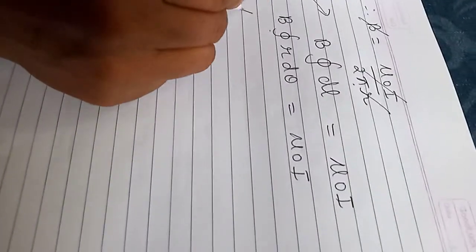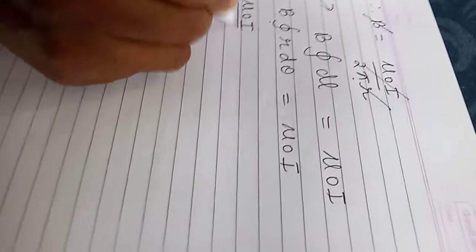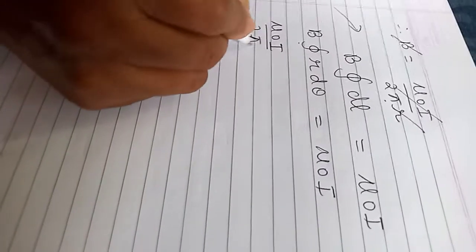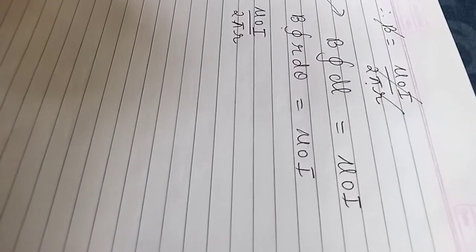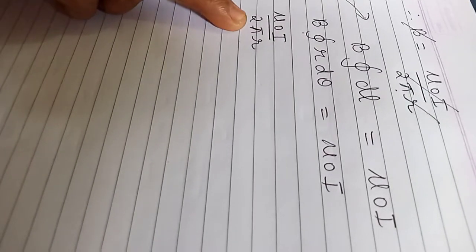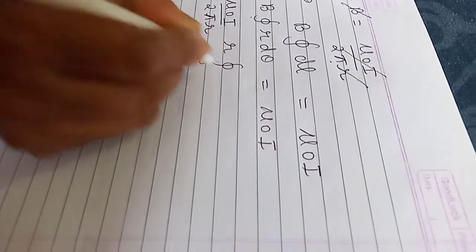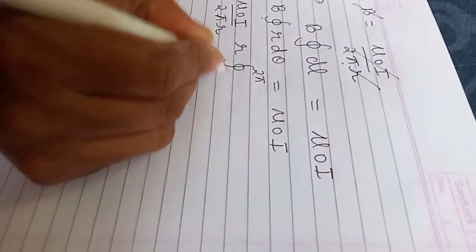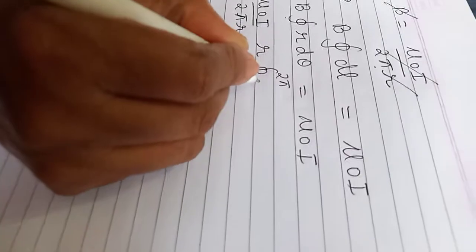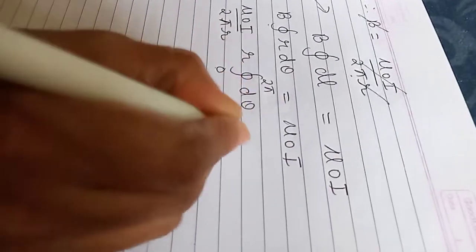Okay. Now we are going to prove LHS is equal to RHS. B, the magnetic field due to a straight conductor carrying current, by substitution is mu naught I divided by 2 pi r. R is the radius. Line integration from where to where? Minimum 0, maximum 360 degrees of d theta.